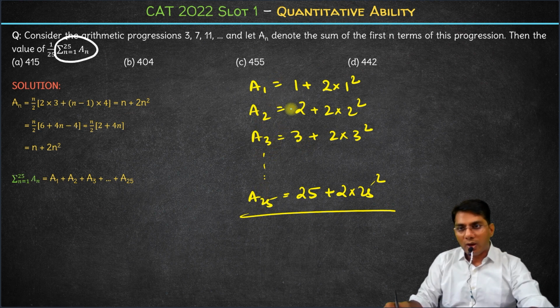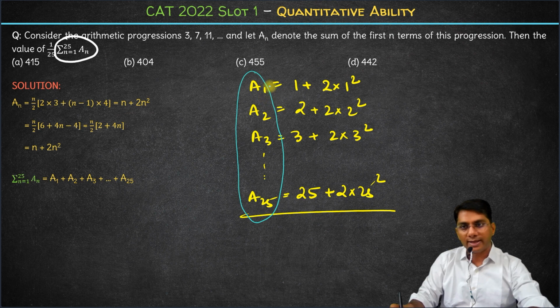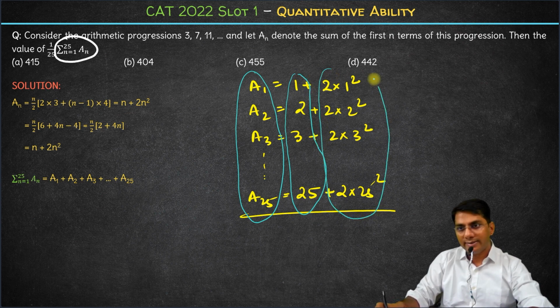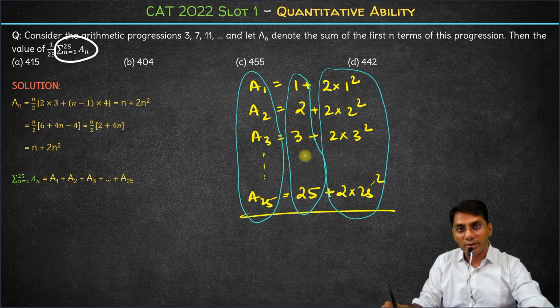Now we need to calculate the sum of all these terms. You can add these terms separately and these terms separately. This is the sum of first 25 consecutive natural numbers, and if you take 2 common, apart from 2 what you have is the sum of squares of first 25 natural numbers.